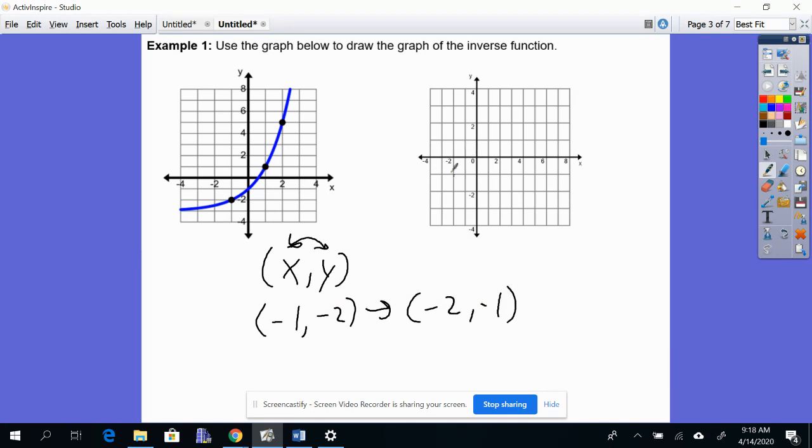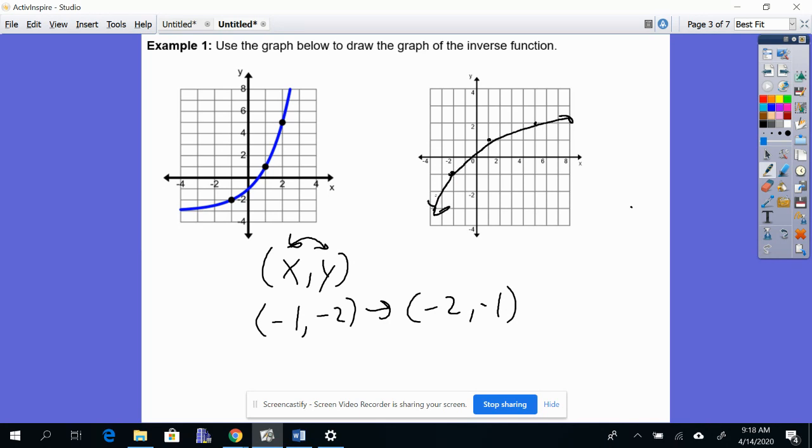The second point is 1, 1. So if I flip those, it's just going to stay 1, 1. This next point is 2, 5. So switching that, I'm going to have 5, 2. Connect the dots. And there we go.